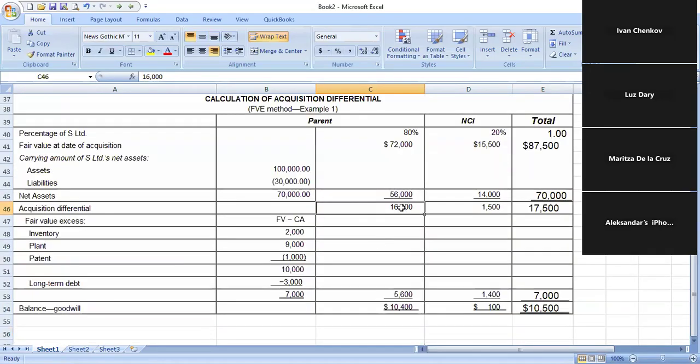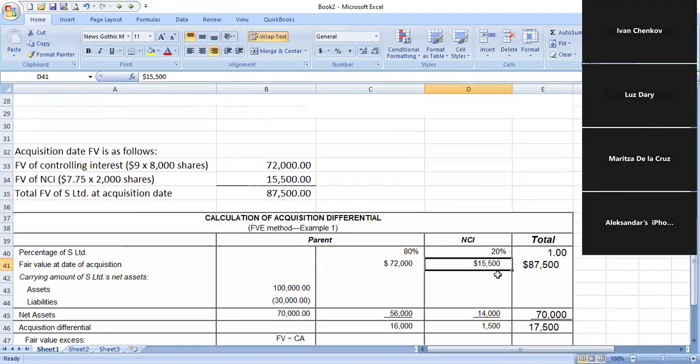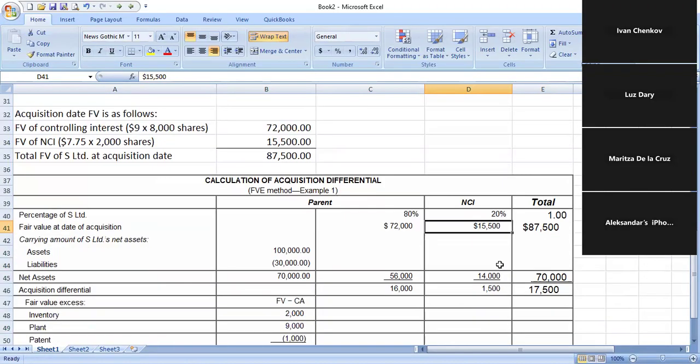Now the total acquisition differential is 7,000, but since we own only 80% of the company, only 5,600 belongs to us. So in this case, we're going to have goodwill on our balance sheet of $10,400. For the non-controlling interest, we already established it is 15,500.